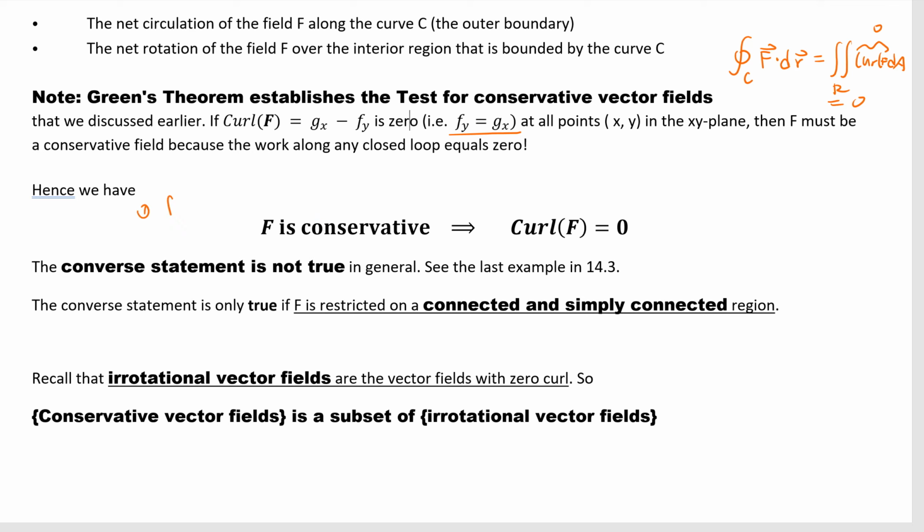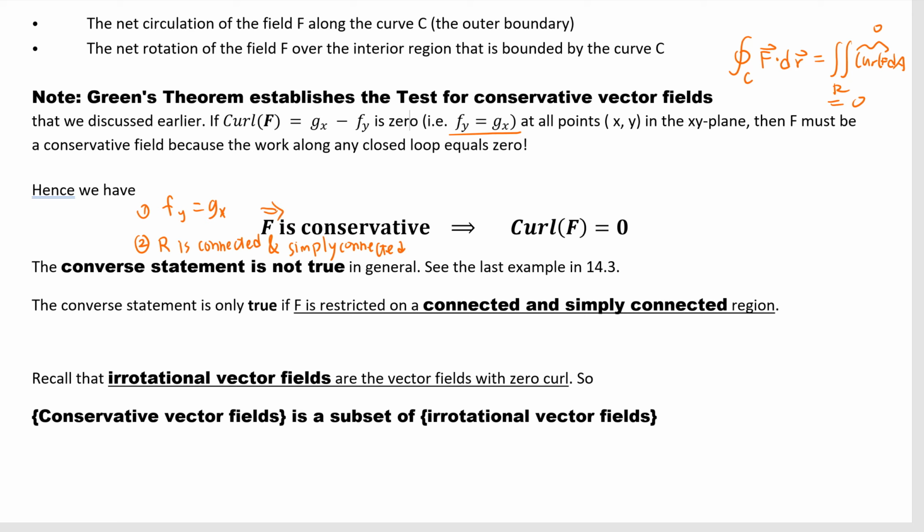Okay, so the test for conservative. First condition, f_y equals g_x, remember? And the second condition, the region R is connected and simply connected. This is the test for conservative vector fields.